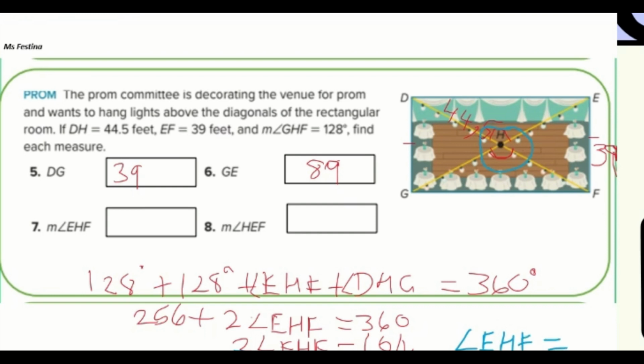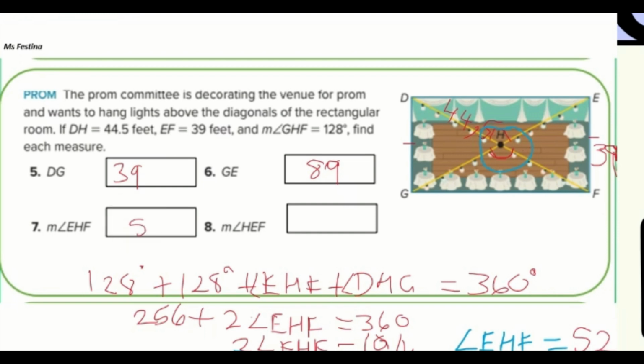equals 104. Okay, so let me write that properly so that it doesn't look like 164. So 104 divided by 2 gives you 52.